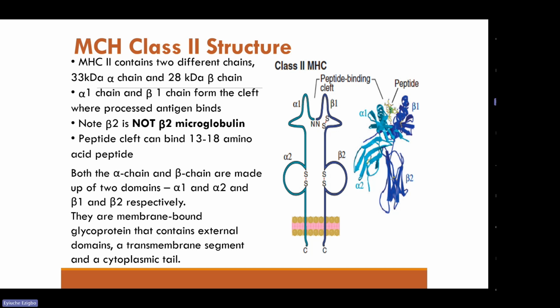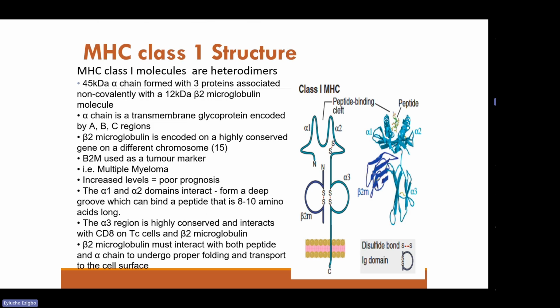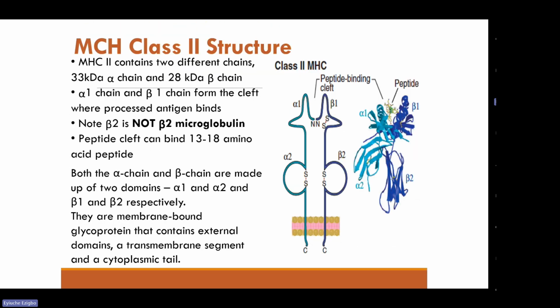The other one can bind what? It can bind 8 to 10 amino acids, while class 2 can bind 13 to 18. Both the alpha chain and beta chain are made up of two domains, alpha 1 and alpha 2, beta 1 and beta 2, as against MHC class 1 that has three domains for the alpha chain and one beta 2 microglobulin.